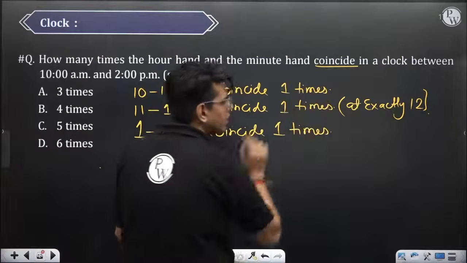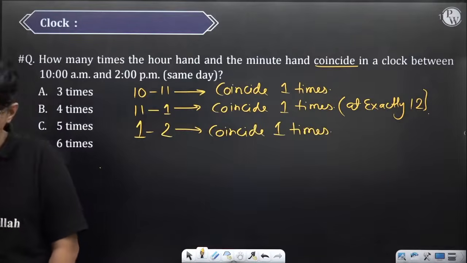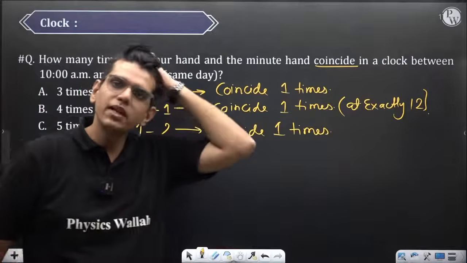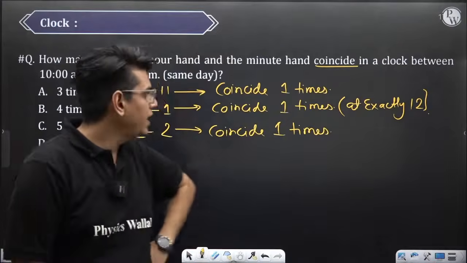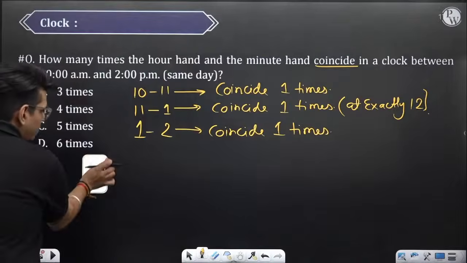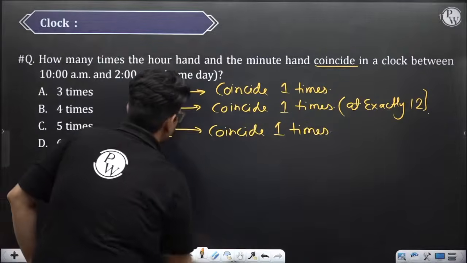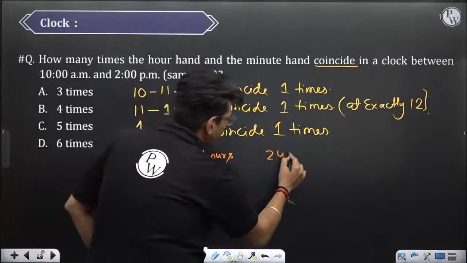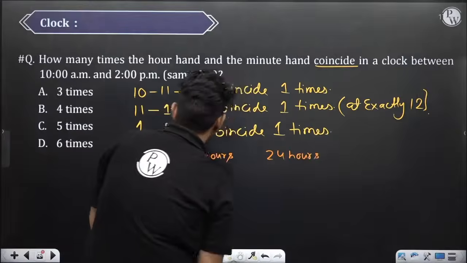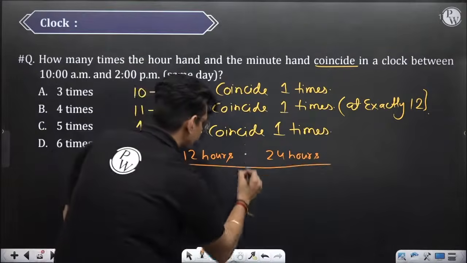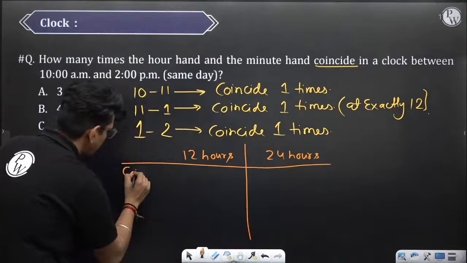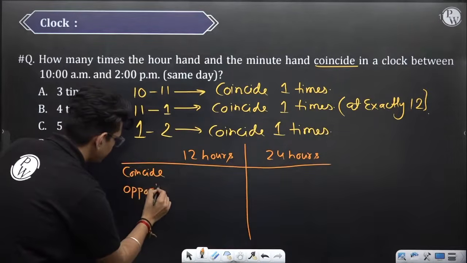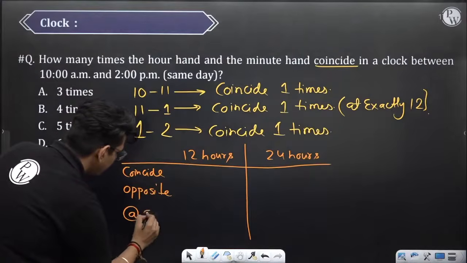So you can expect such questions where the examiner can ask how many times they will coincide together, how many times they will be at 180 degrees, how many times they are at 90 degrees. Okay, so let me make a table for you. In 12 hours, in 24 hours, they coincide, are opposite, or are at 90 degrees.